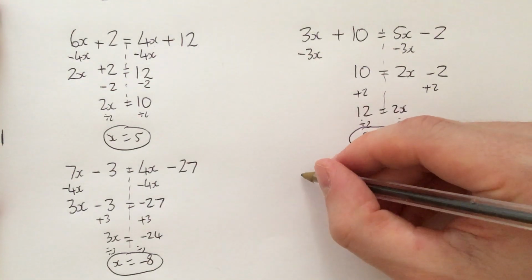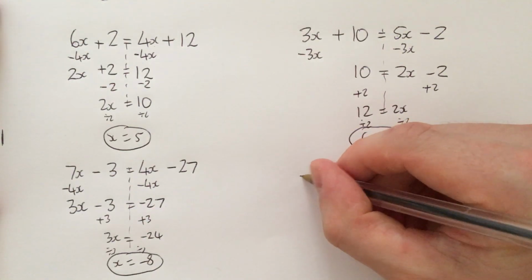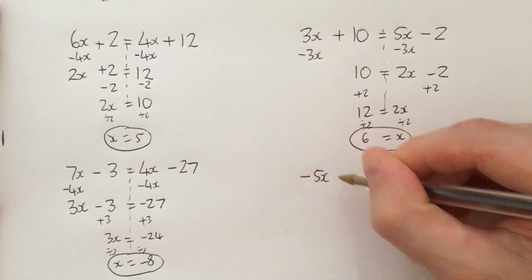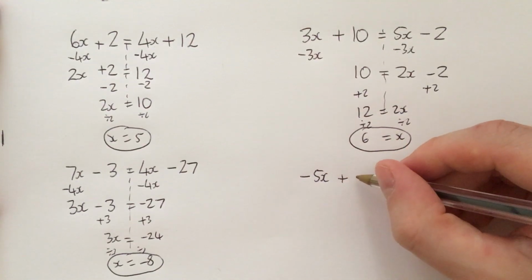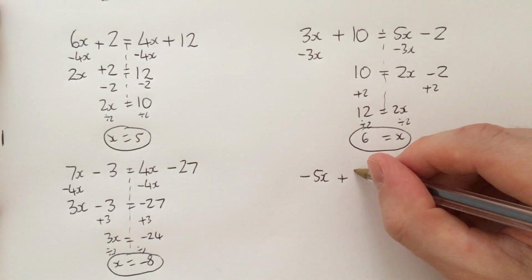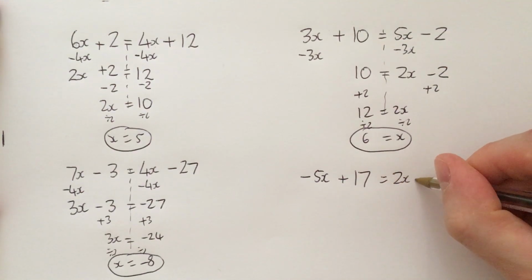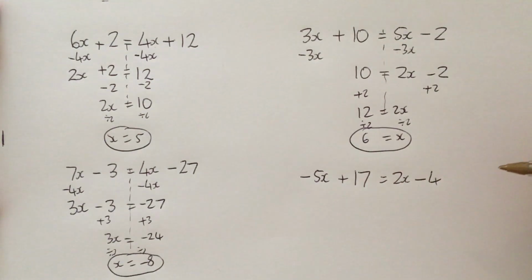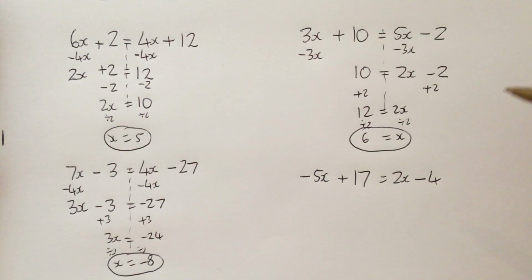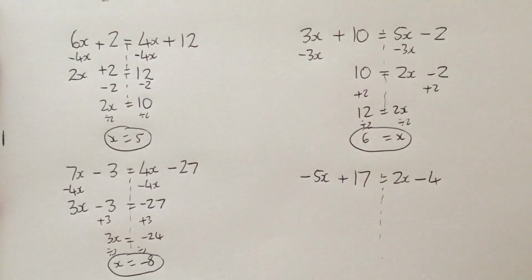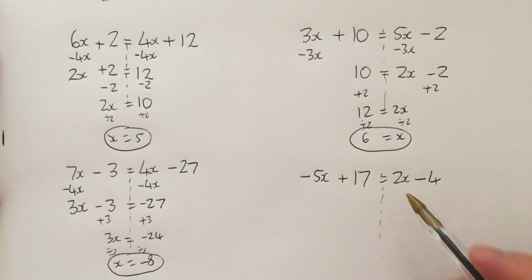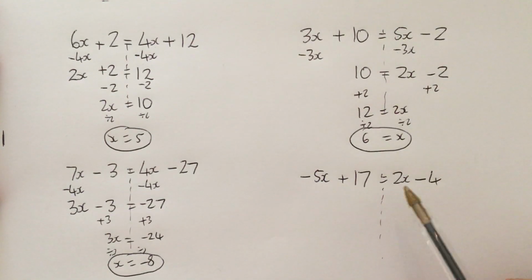Right, last quick example. Let's say minus 5x plus, let's say 17 equals 2x minus 4. Same process. We look, we say, what's the smaller x? Now, a lot of you might say 2x, but then you've got to look carefully.